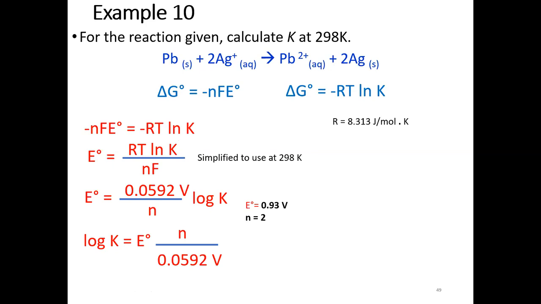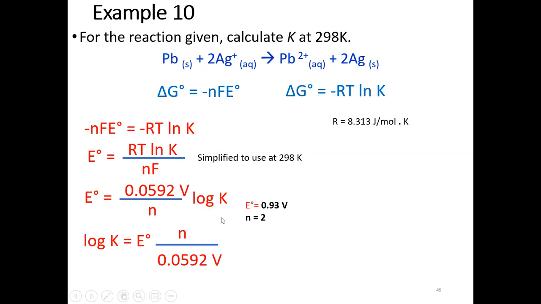So I'm going to take RT and F as a separate thing, and that ends up as 0.0592 volts over n, and log K. This is where I'm interested in log K, right?